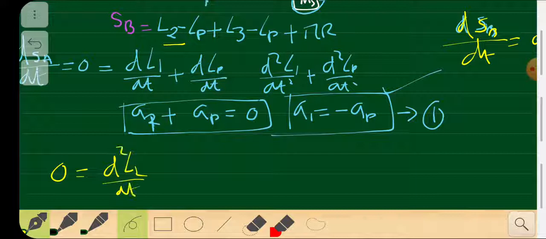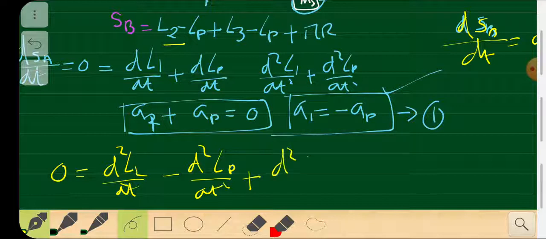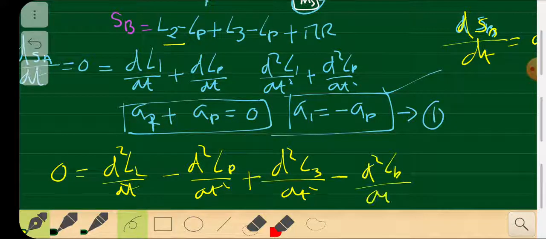Taking the second derivative, d squared L2 by dt squared, minus d squared LP by dt squared, plus d squared L3 by dt squared, minus d squared LP by dt squared, plus the other thing will be 0.